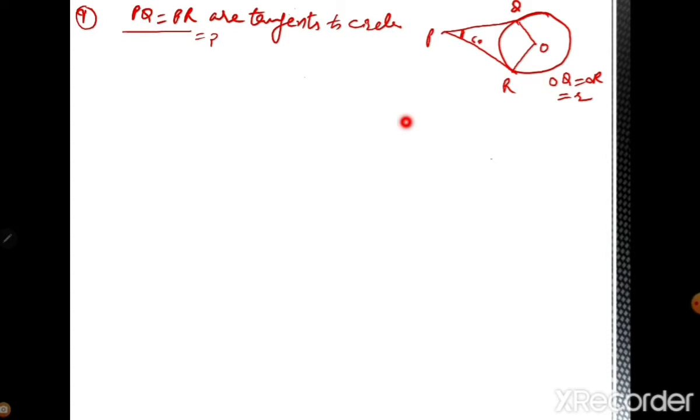Okay. So now what we'll do, we'll join PO. And we know that the radius is perpendicular to the tangent.